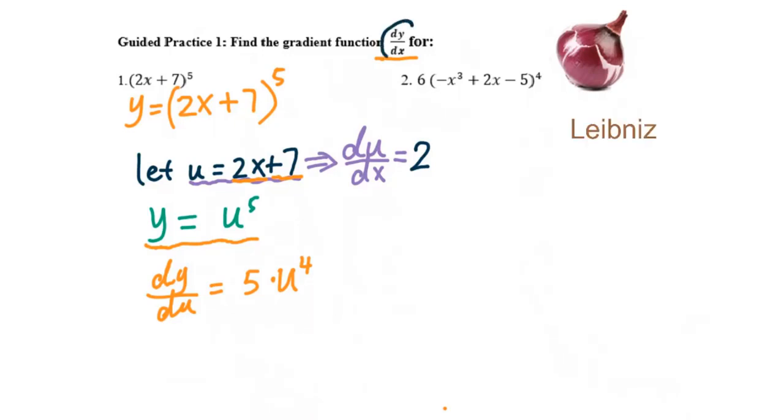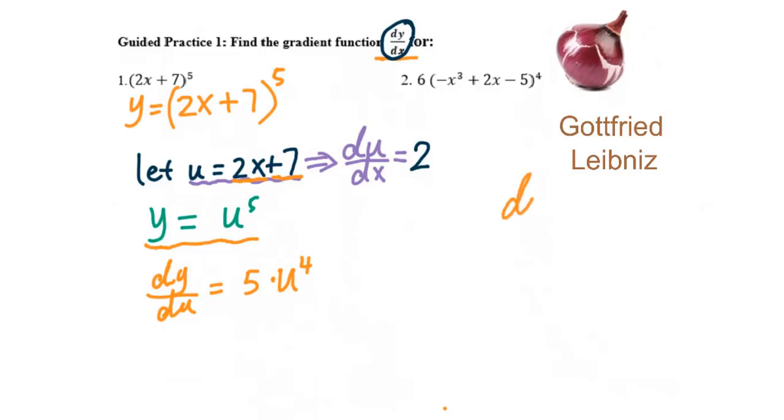This derivative notation was given by Gottfried Leibniz, who is a great German scientist. Isaac Newton and Gottfried Leibniz are the co-founders of calculus.